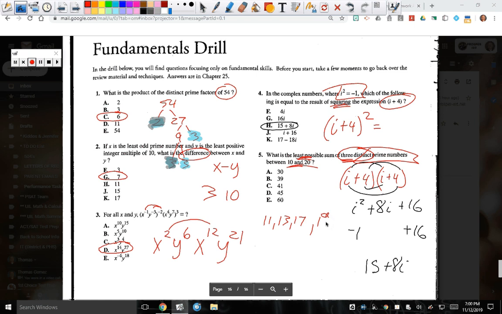Because we know 19 is there too, but we don't want this one to be included in the 3 that we're doing. We want the least sum possible. So I have 24, 30, 41. Okay?